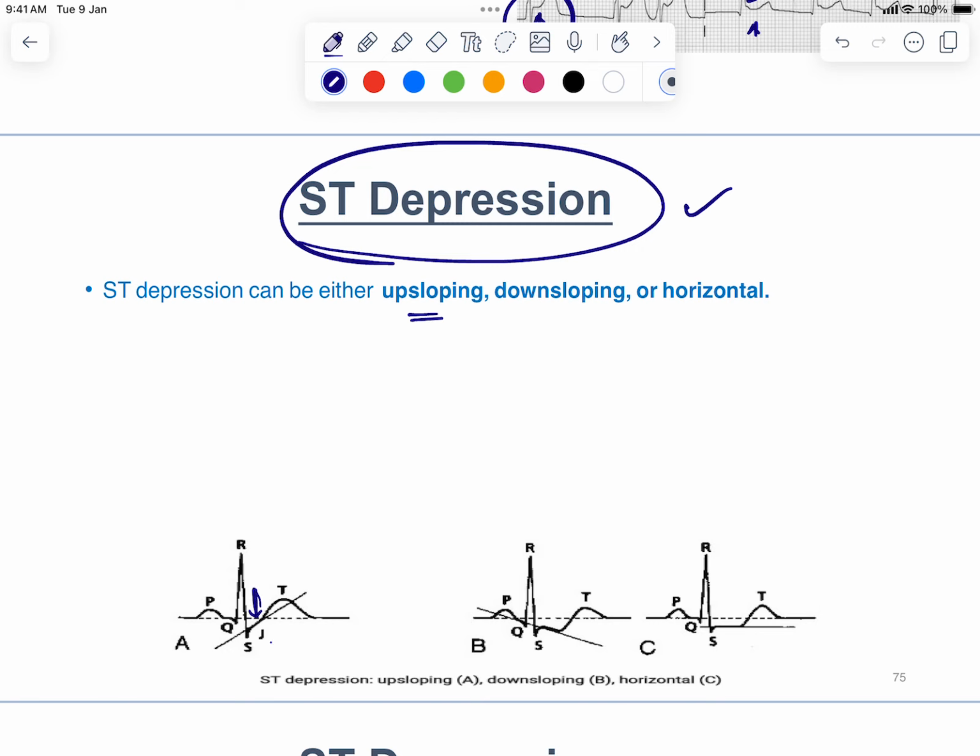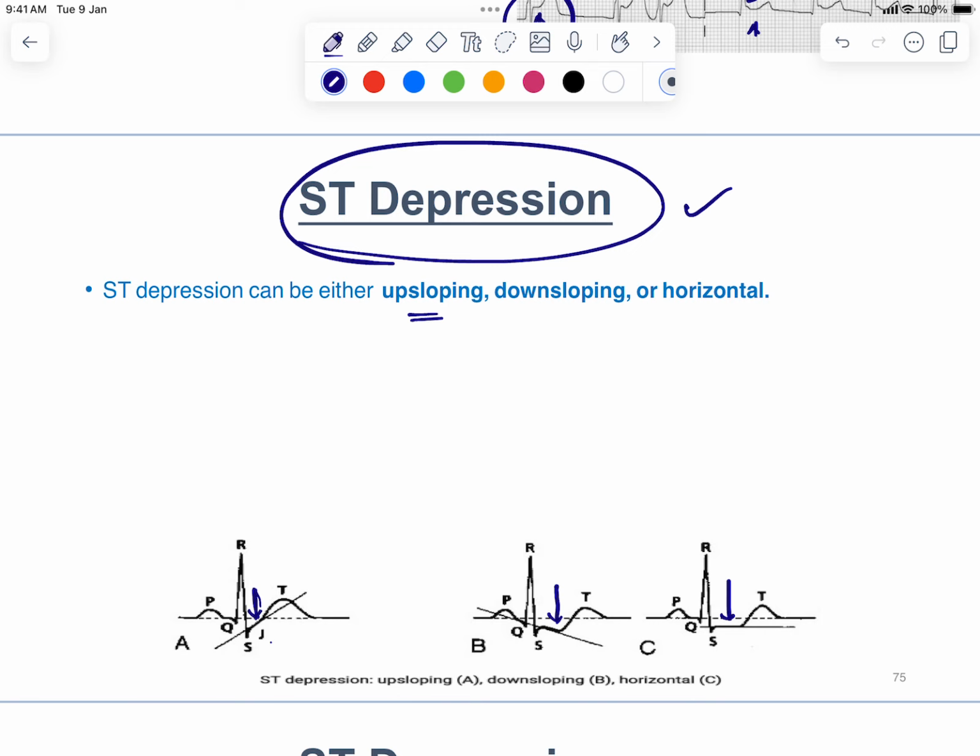You are having ST segment depression, but it is upsloping. Second, downsloping ST segment depression, and third, horizontal ST segment depression. So these are the various shapes of the ST segment depression.